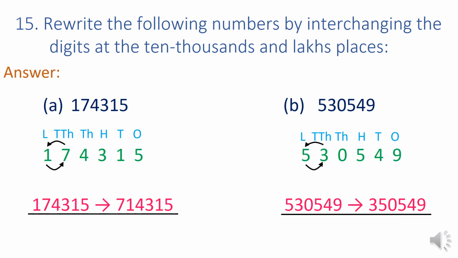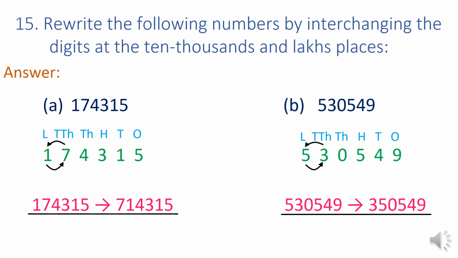Our first number is 1,74,315. In this number, the 10,000s place number is 7 and the lakhs place number is 1.